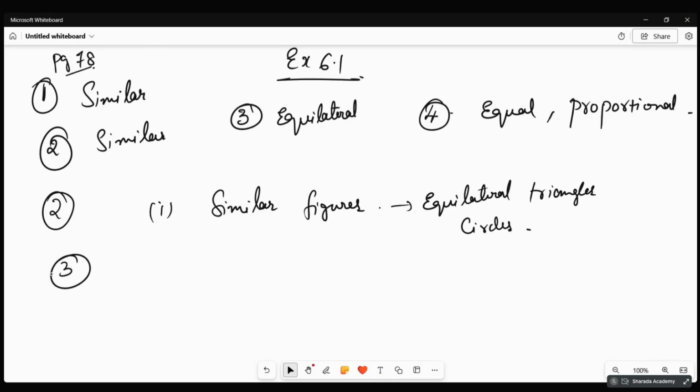Third one, it is not similar because angles are not equal.